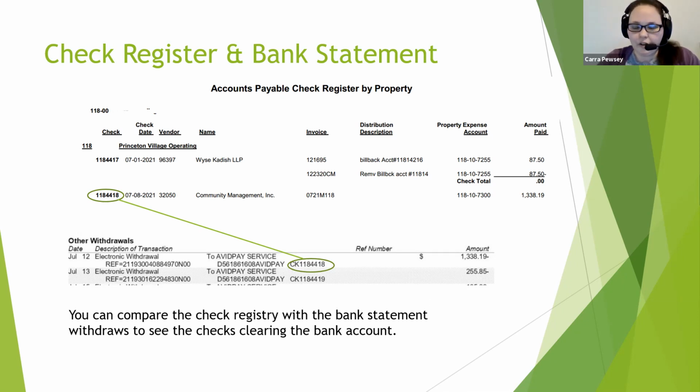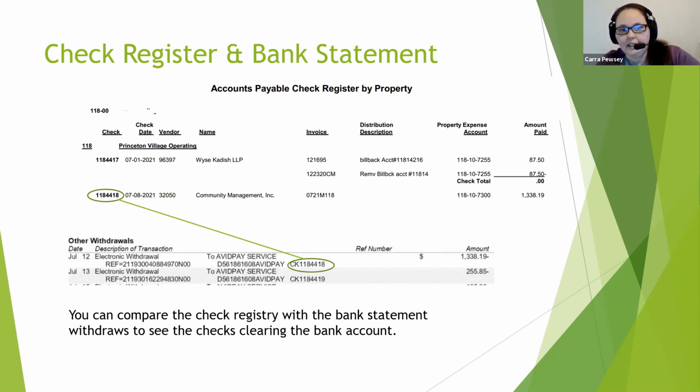But the major thing that I take from the bank statement and the check register is your ability to link a check to a withdrawal within your bank statement. So just like this example, I can link the CMI payment, which wasn't actually a physical check, this was an ACH transfer, but it does have a check number associated with it, to a withdrawal in the bank statement.